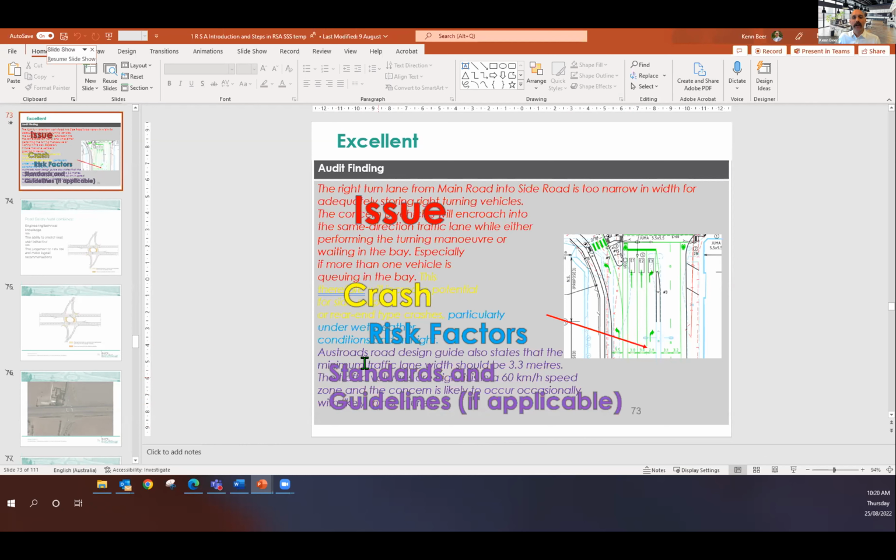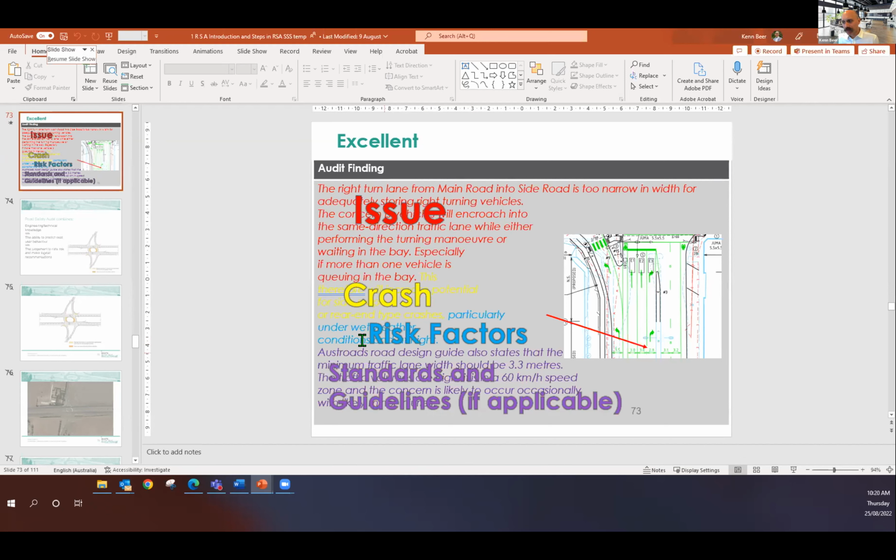Now, some of you talked about things like stand-up angles of the slip lanes, and it's a really great finding, and you work through that, and you say the crash could be vehicles entering the intersection being struck by other vehicles coming through. The risk factors could be this can be worse at night, the operating speed of Canterbury Road and the volume of vehicles.